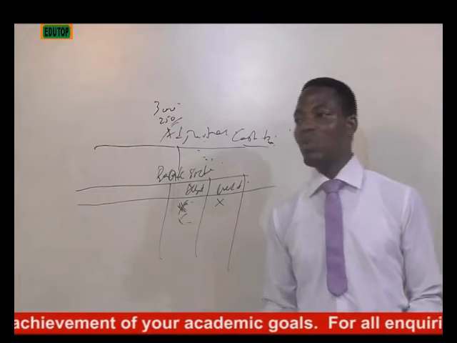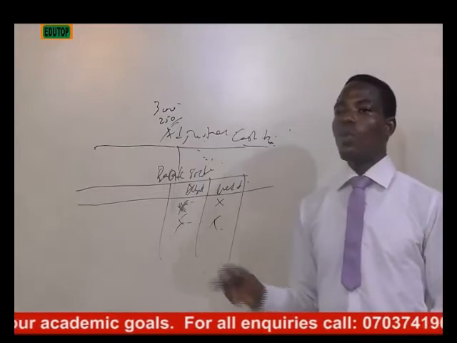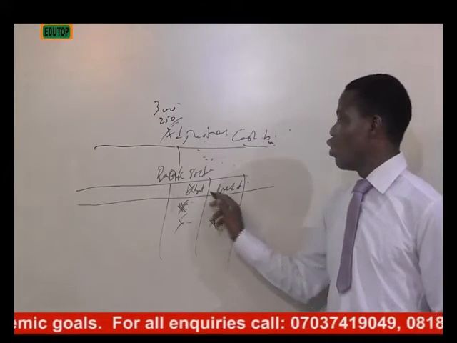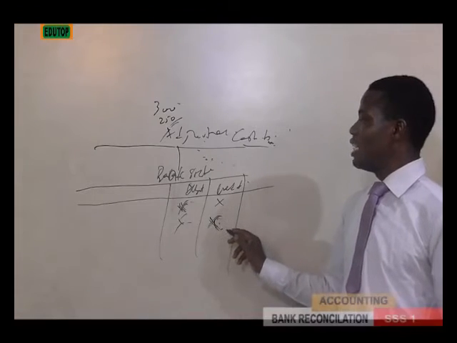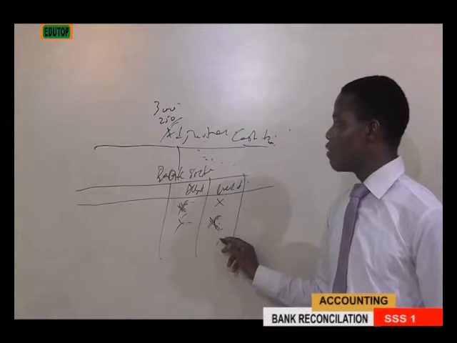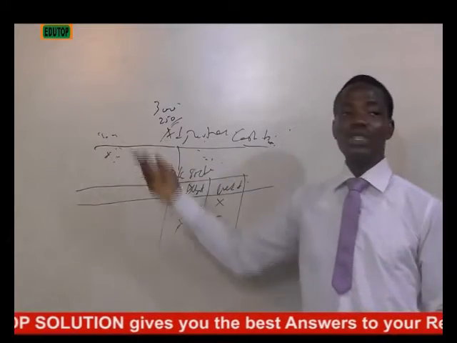So credit transfer is when money comes into your account. When money comes into your account, that means you have been credited in your bank statement. So if the bank notifies you, then you put it into your cash book on the debit side because it's the amount that you receive.